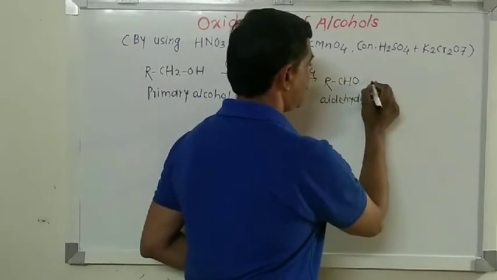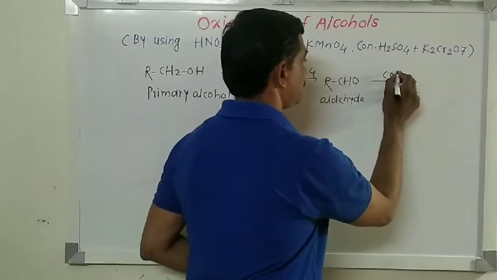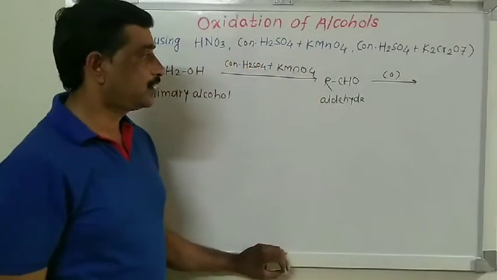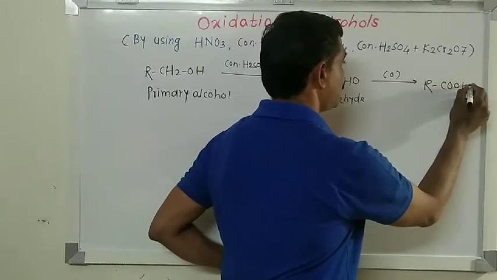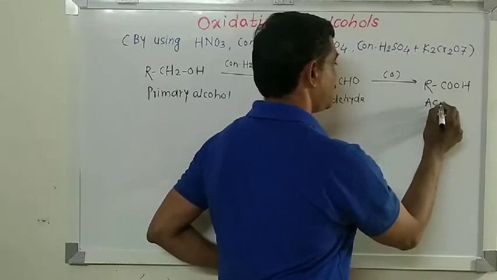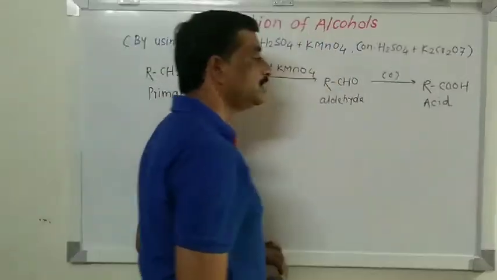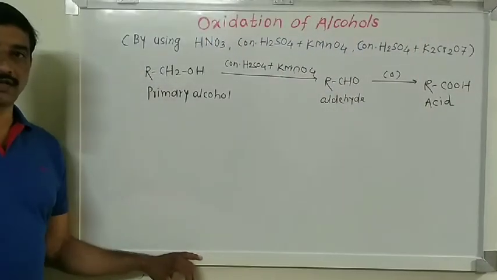These aldehydes again undergo oxidation and give the compound RCOOH. That means they are converted into the corresponding carboxylic acid.